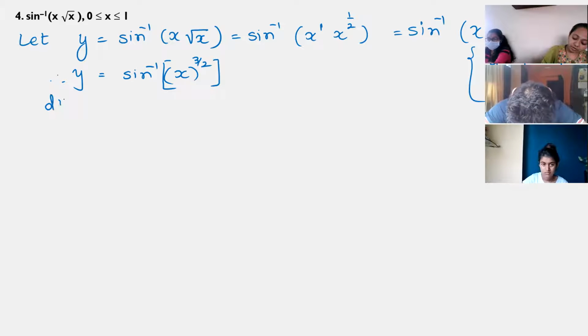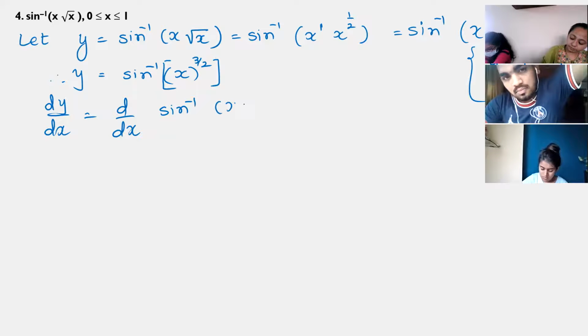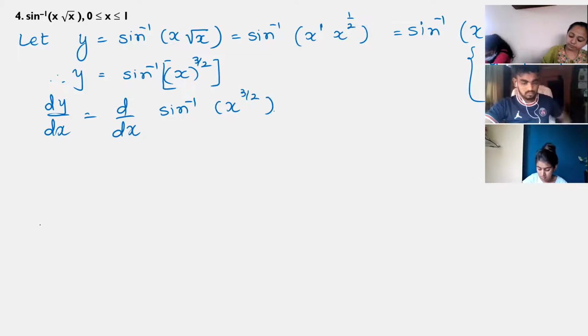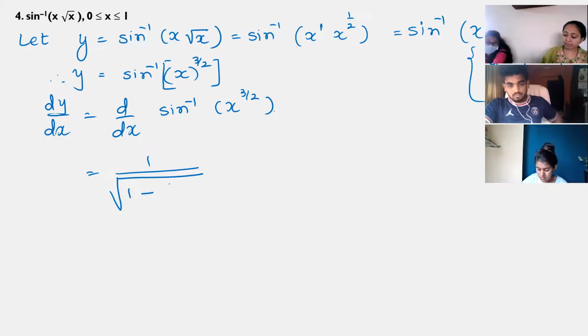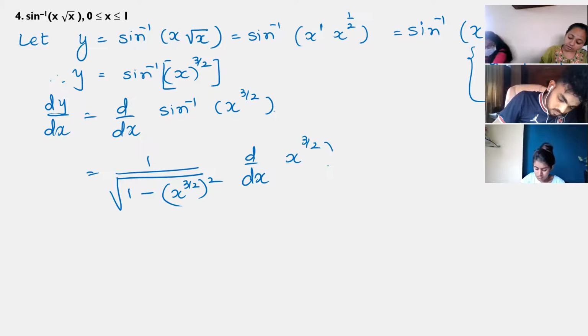Let's do the differentiation on both sides. That means here 1 by under root of 1 minus, but in place of x, I have x to the power 3 by 2, and square of that. But since it is not x, this part is going to suffer again.